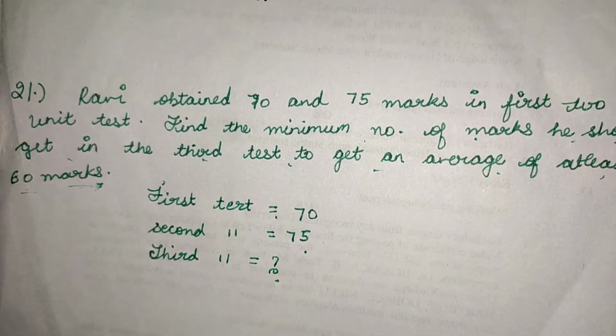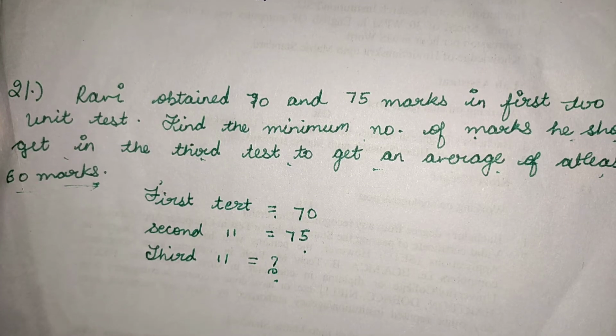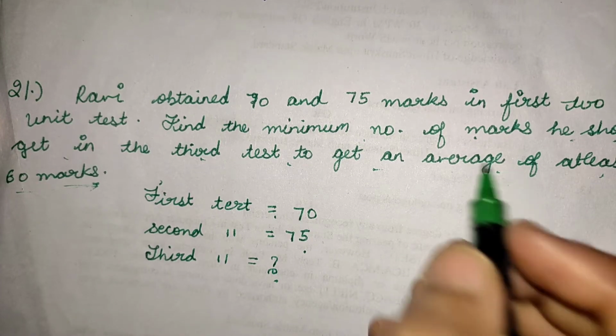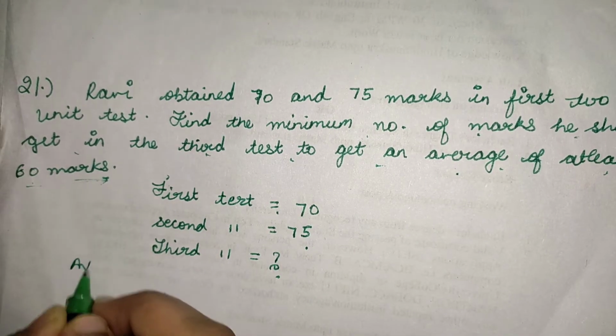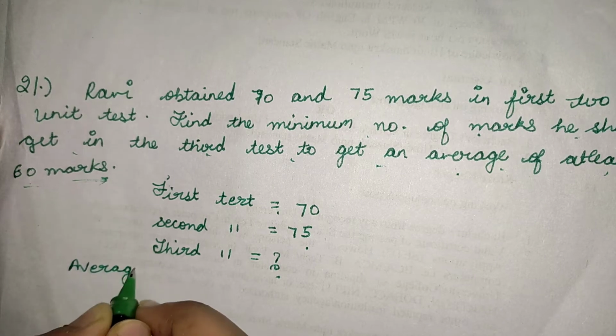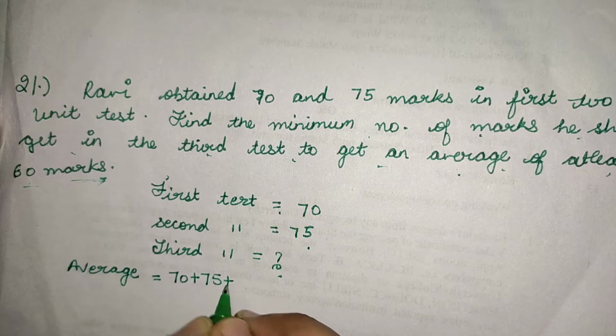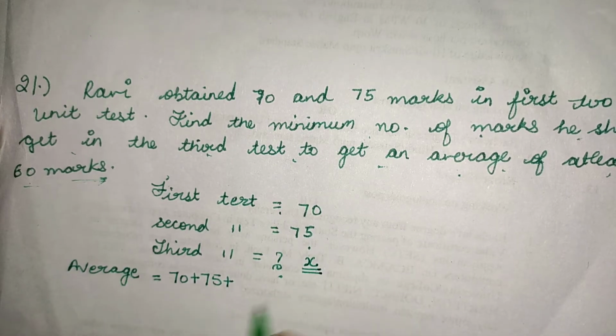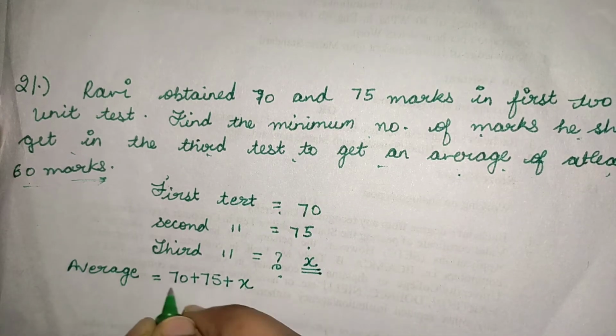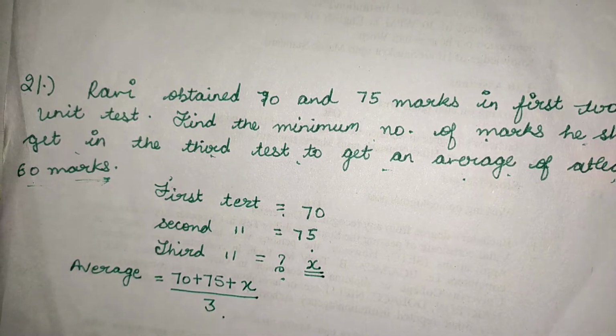We have done a similar question in the example also. Whenever we have to find the average, you know that average is given by the total of all the values. Suppose the marks in the third test are equal to x, this is divided by 3.